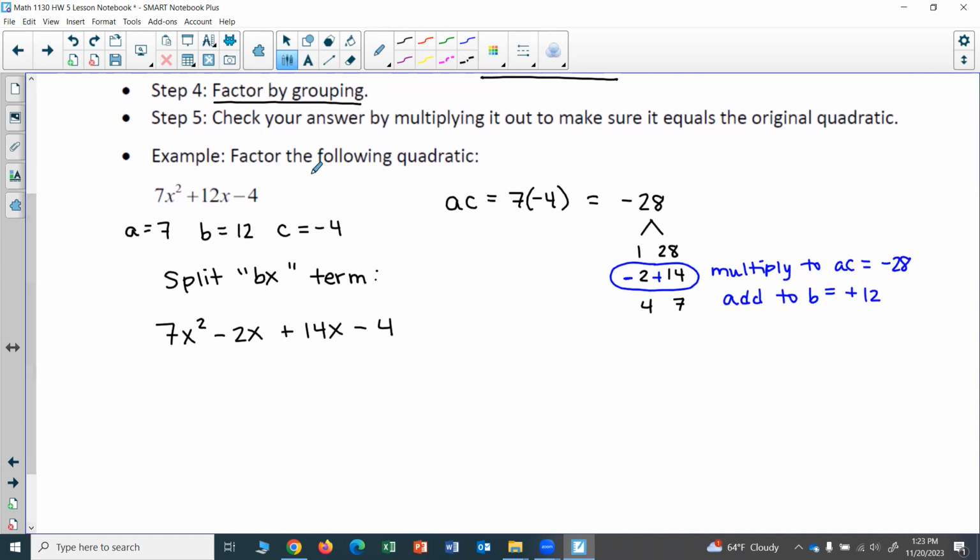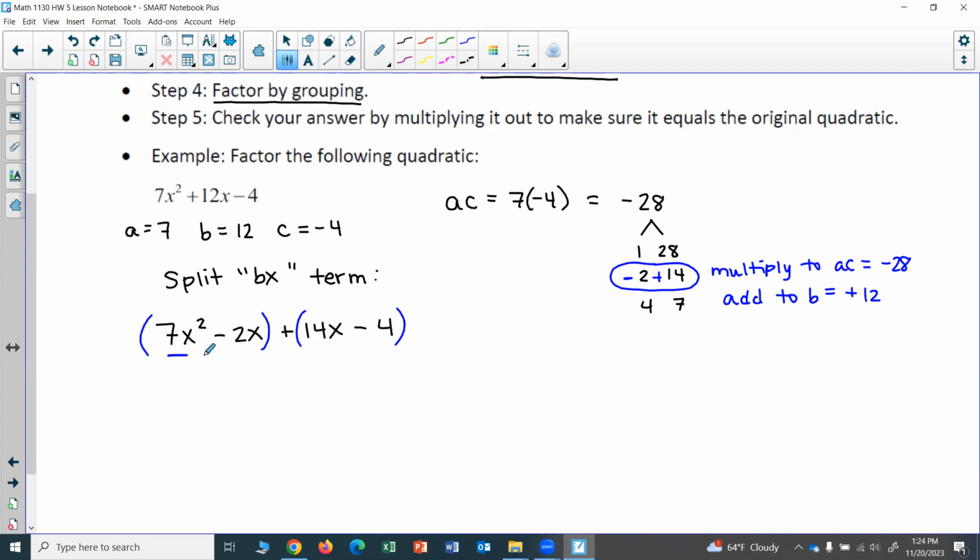So I'm going to go ahead and group this. I have to have a plus between my groupings. So I'll go ahead and group this. And I want to factor by grouping.